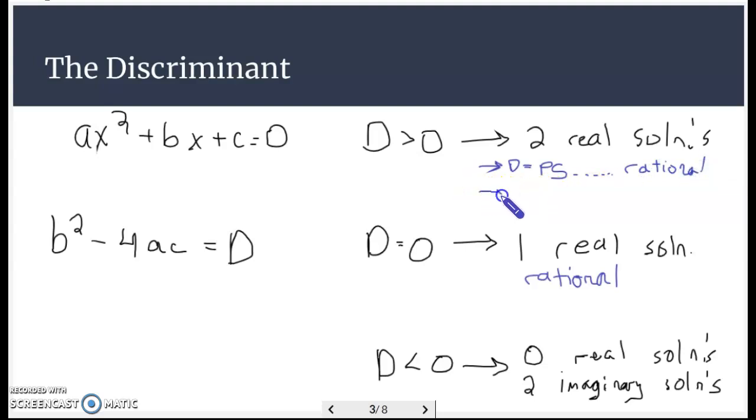But if the discriminant is not a perfect square, it will be irrational solutions.